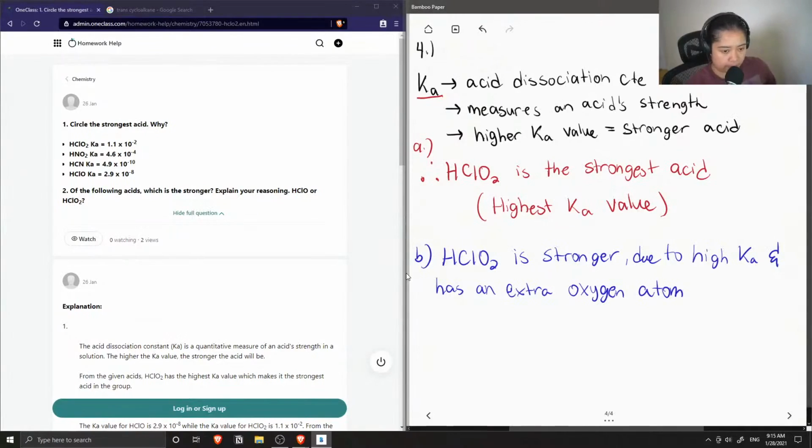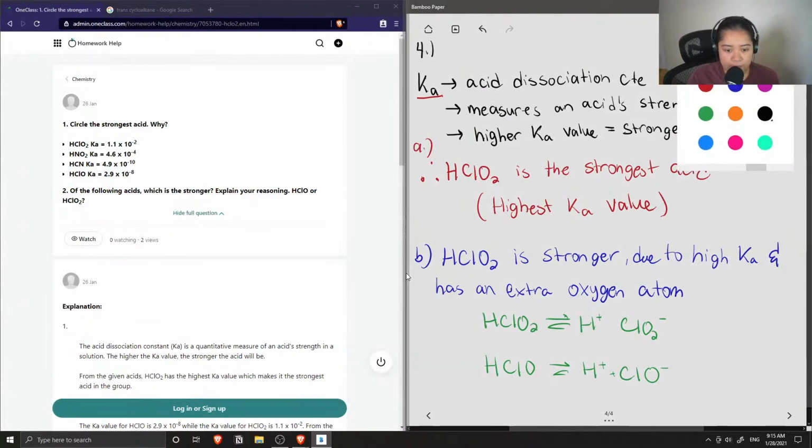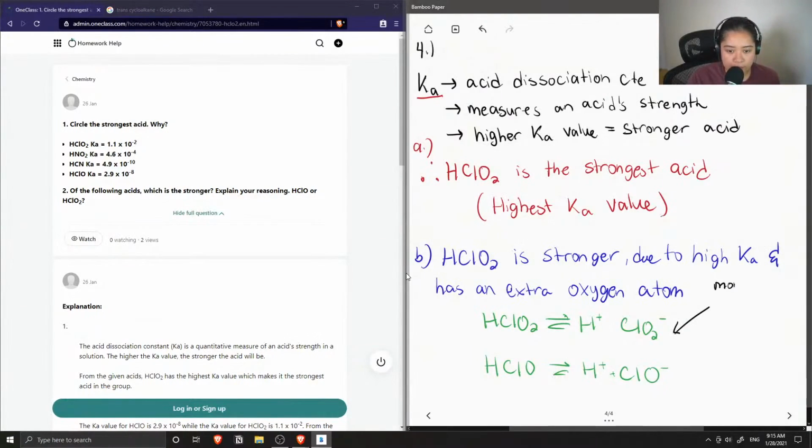Okay, so for example, if we were to write the dissociation of these two acids into their respective ions, so we have the chlorite ion, the chlorite ion is able to form more resonance structures due to its extra oxygen group.